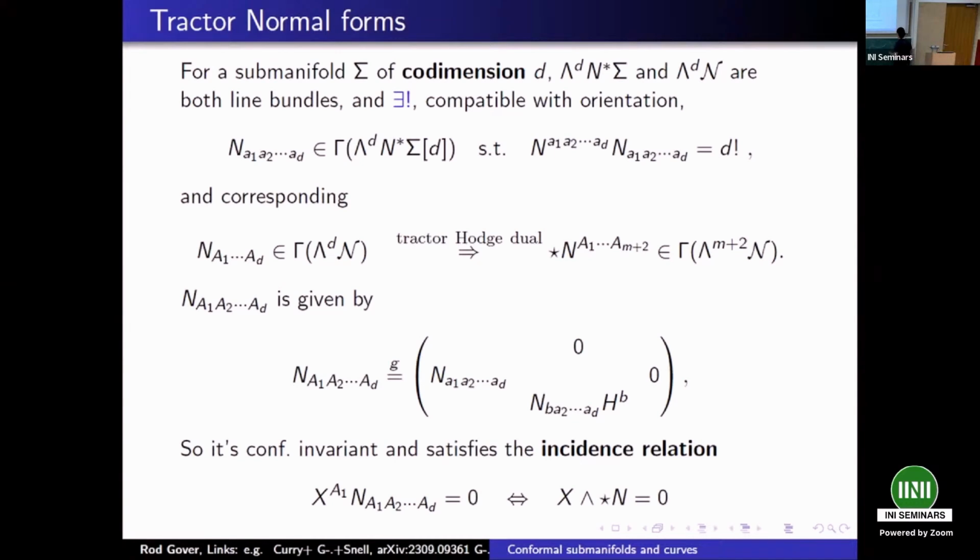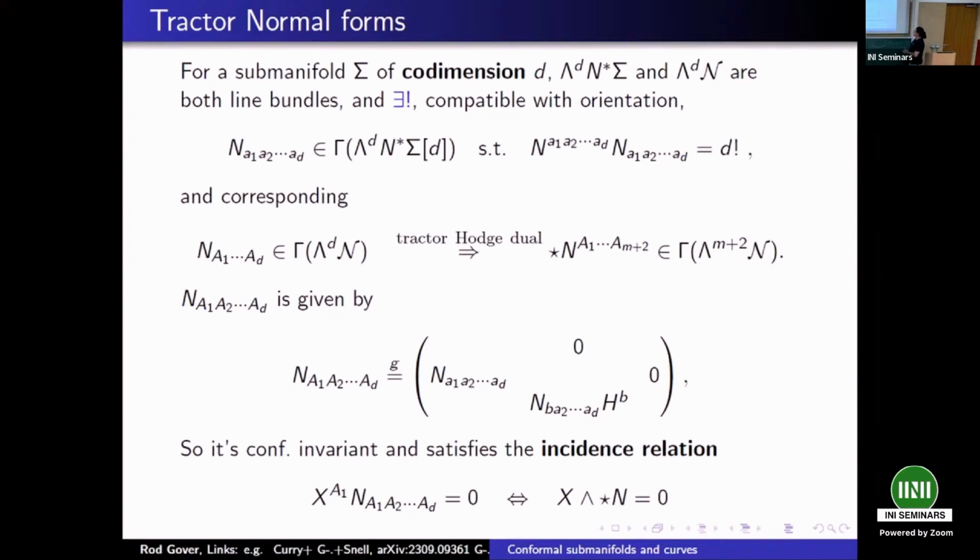In conformal tractor calculus, there's a tractor volume form. If you're in dimension n, it would have n plus 2 indices. So you can do Hodge starring in the usual way, but on tractor indices. You can convert this D form into an M plus 2 form by contracting in.